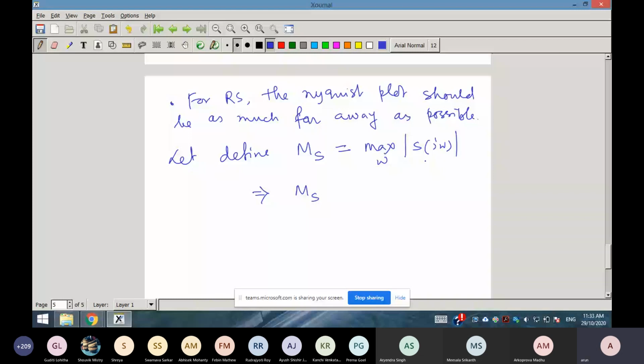That is also known as the infinity norm of the sensitivity function, the definition of the infinity norm of S. So Ms inverse equals what? 1 by max.